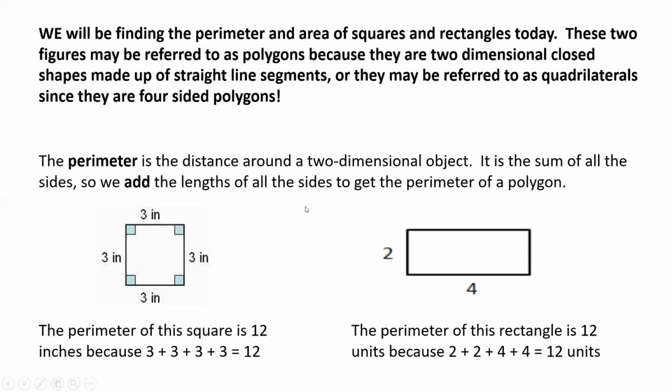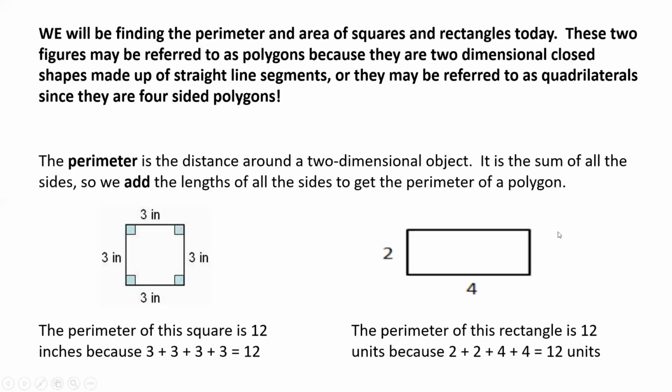In this first example, we had that square that had 3-inch sides. The perimeter of that square is 12 inches because 3 plus 3 plus 3 plus 3 equals 12.